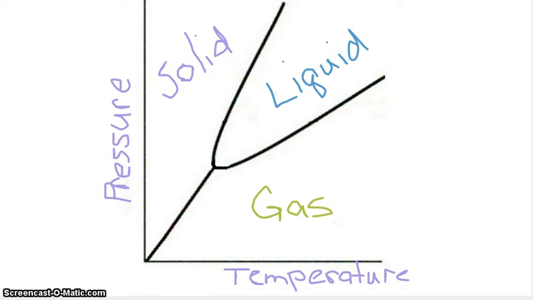So there's a couple other points we need to actually mark on this chart. The first one is right in the middle where all three of these lines meet. So that spot right there is called your triple point.